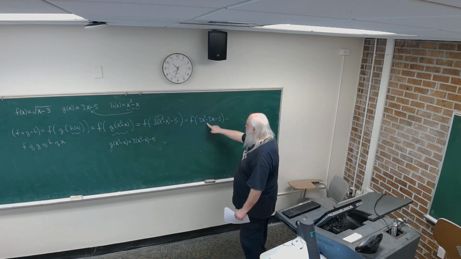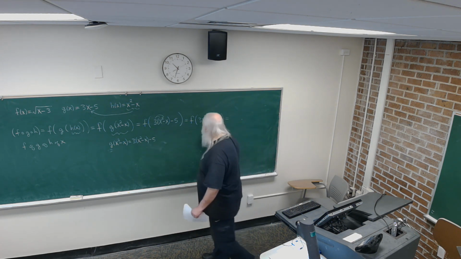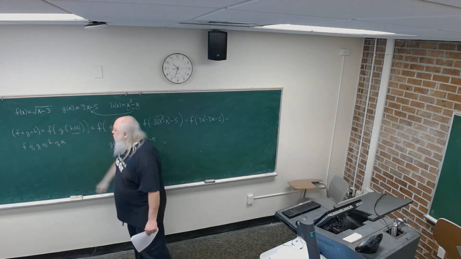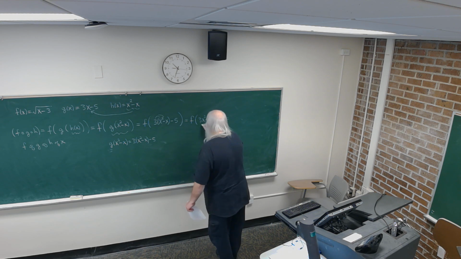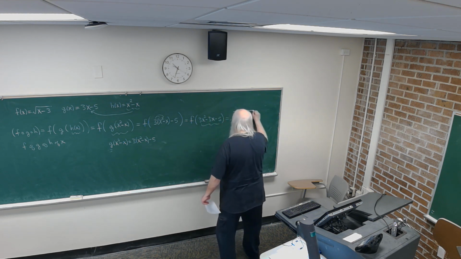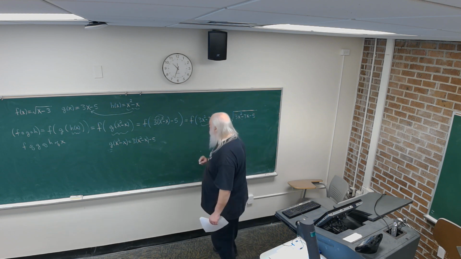What's f of 3x squared minus 3x minus 5? Put that in for x in f of x, right? And so f of all this is equal to the square root of 3x squared minus 3x minus 5, okay?